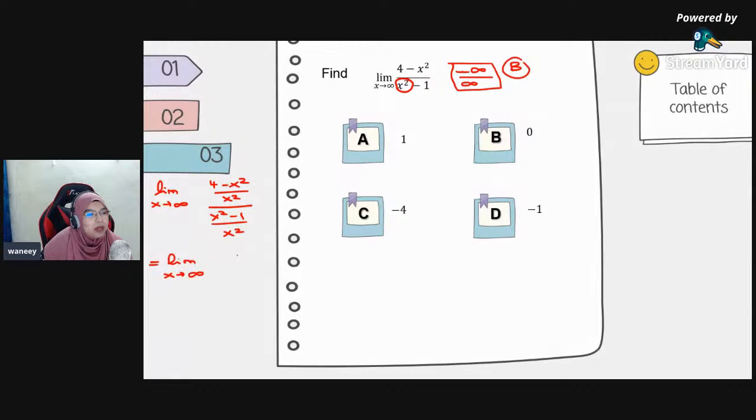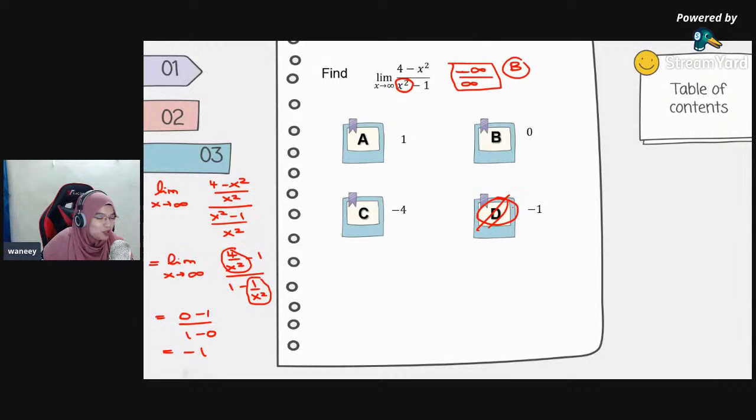So we got 4 over x square minus 1 over 1 minus 1 over x square. And then we are going to substitute the value of infinity. So 4 over infinity is 0. 1 over infinity, that is also 0. So we got 0 minus 1 over 1 minus 0. So this answer is negative 1. So the correct answer is D, everyone.